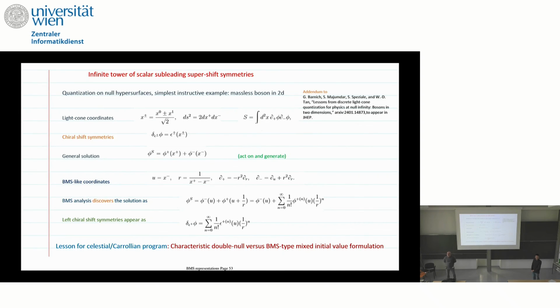Good question. Mass terms are more complicated in that case. Of course, all these things about these chiral shift symmetries go away in a sense. It is true, but you can see the massive one as a deformation of the massless one. It's an interesting question. There is a debate in light cone quantization: if you put periodic boundary conditions on the light direction, what people call DLCQ, you can prove that in the massive case it's enough to give data on one null direction, whatever that means.